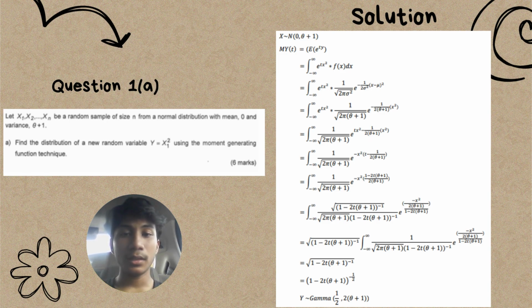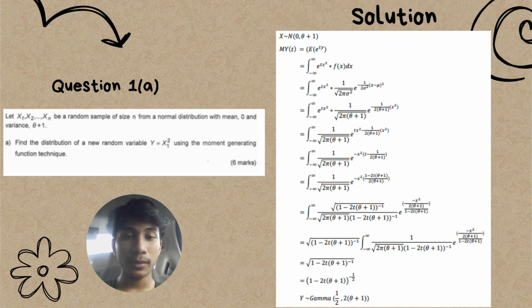By using the moment generating function formula, M(t) is equal to E of e to the power of tY. When we put it into the integration, we get the integration of e to the power of ty times f(y) dy.